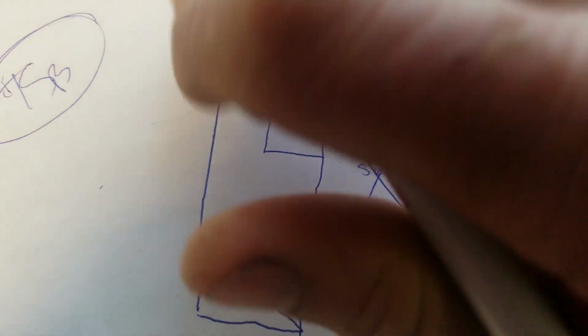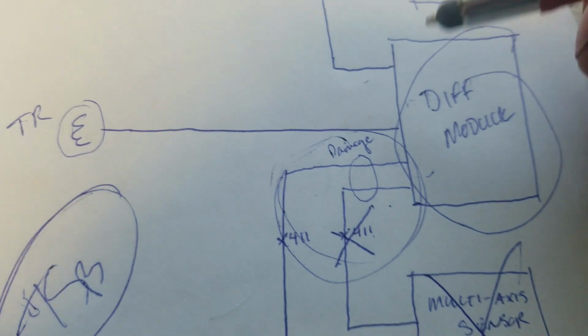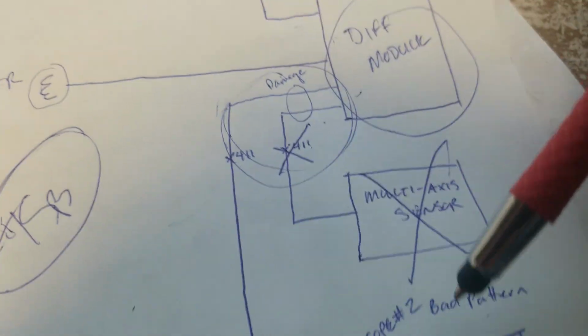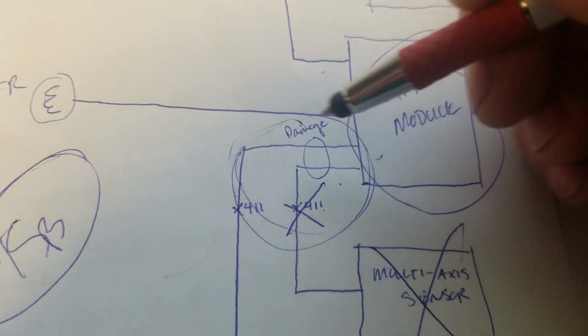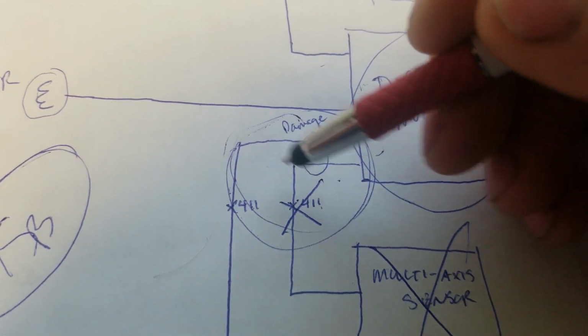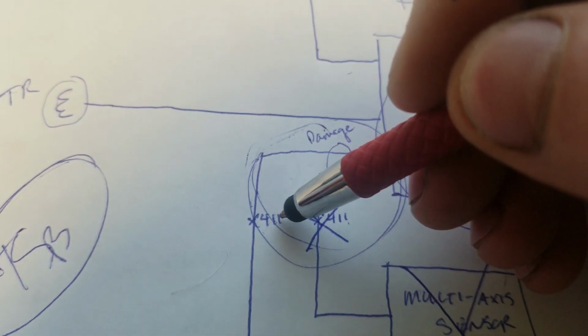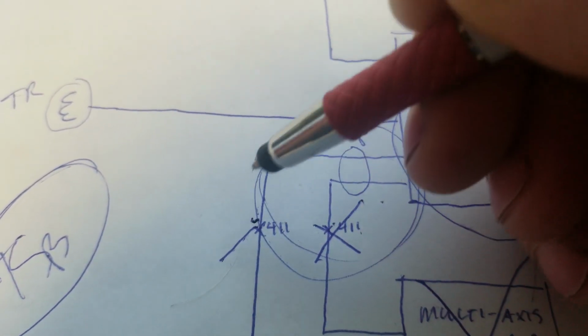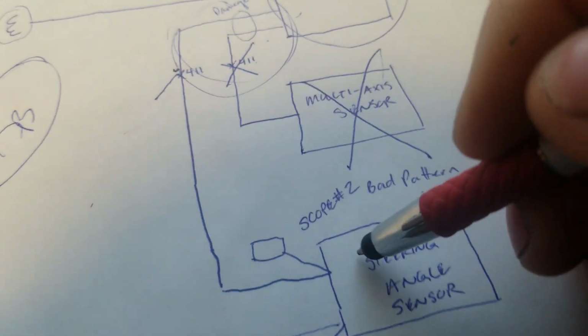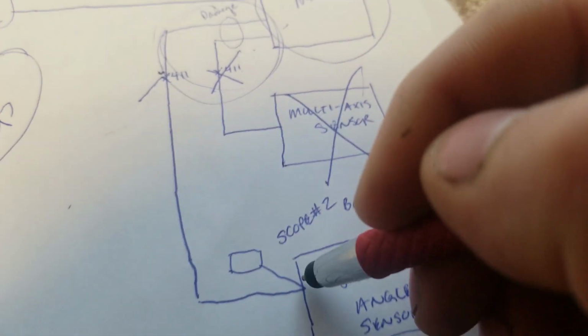But let's say, for instance, you don't have a TSB. Okay, so where would be my next step? Well, my next step would probably be going to X411, okay, and probing in here. I know that my steering angle sensor is disconnected.